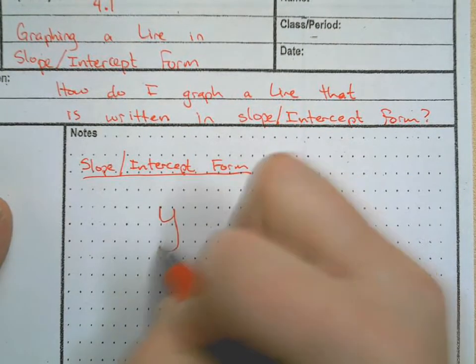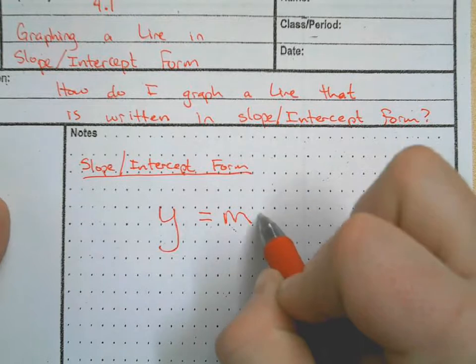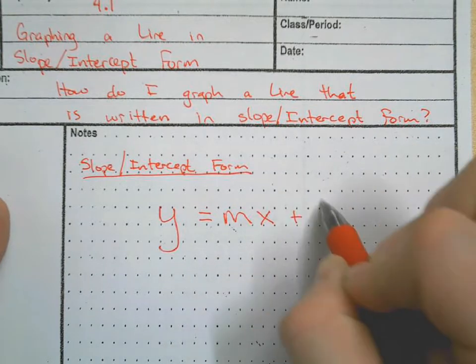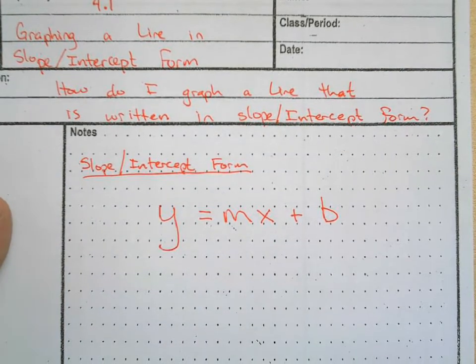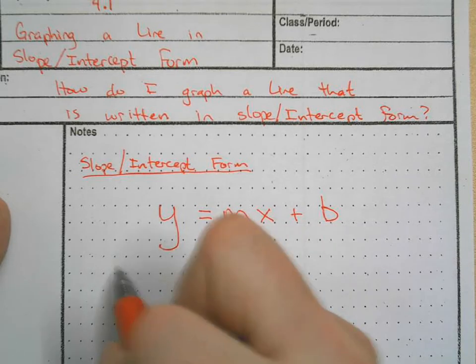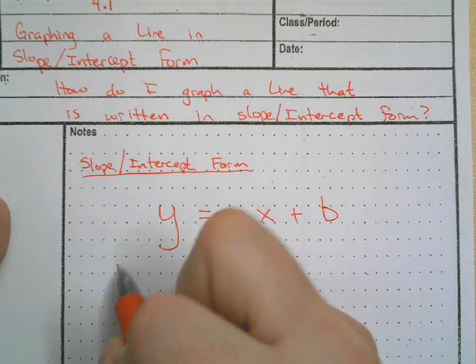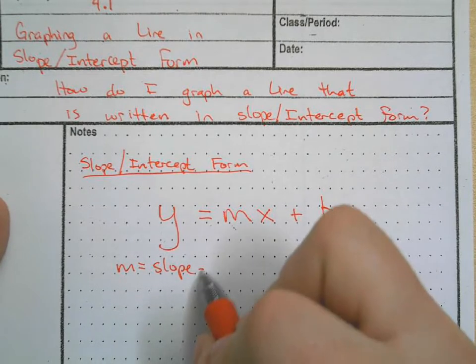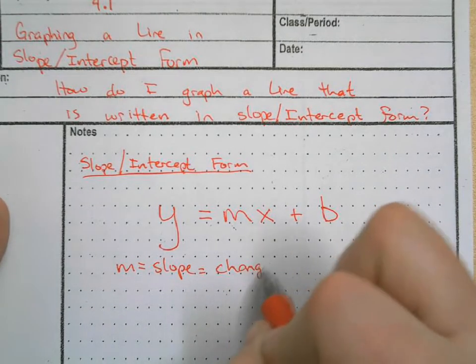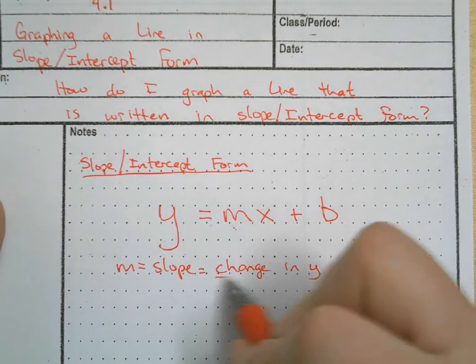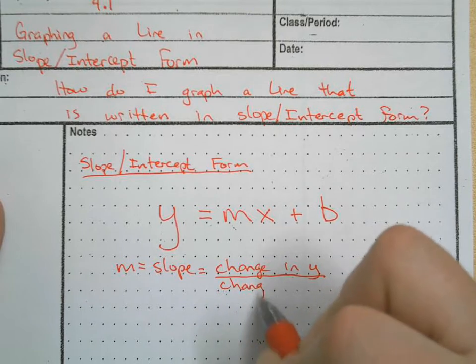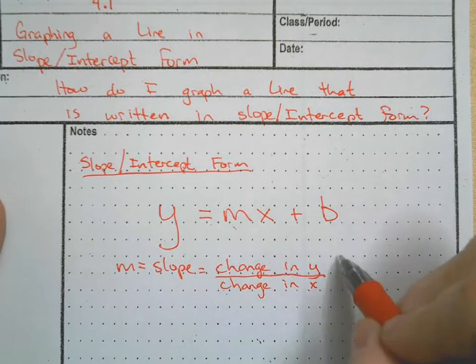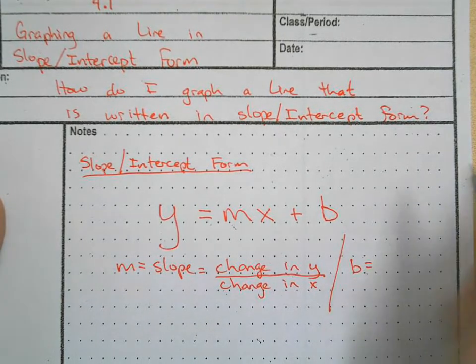So we're going to say y equals mx plus b, where m equals the slope, which we will use our change in y over change in x, and b equals the y-intercept.